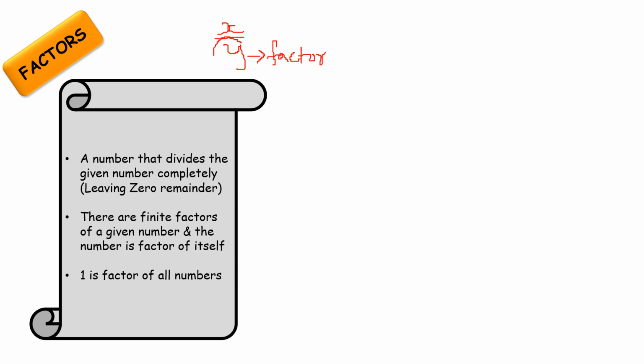So it is a number that will divide a given number completely, leaving zero remainder. There are finite factors for a given number and the number is a factor of itself. One is a factor of all numbers. So basically finding factors means we are supposed to find the divisor, the denominator of the fraction.